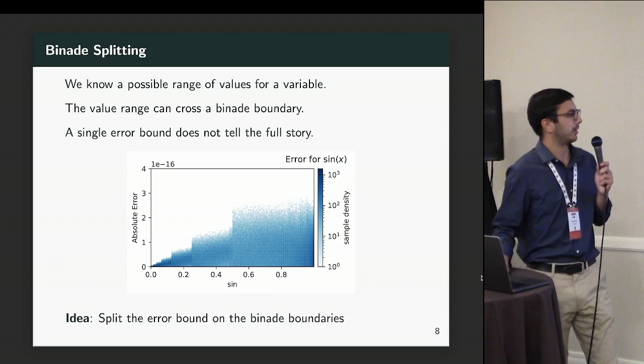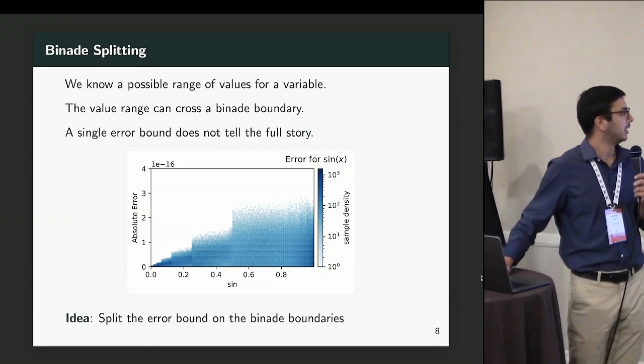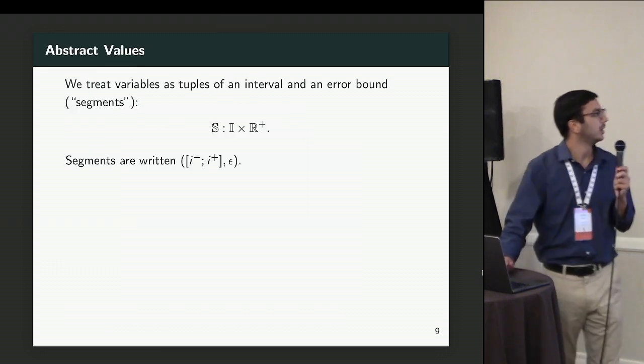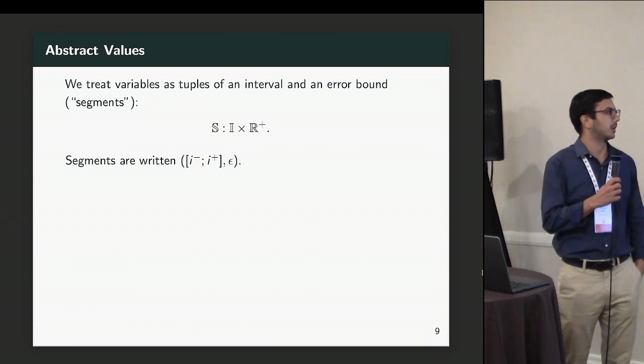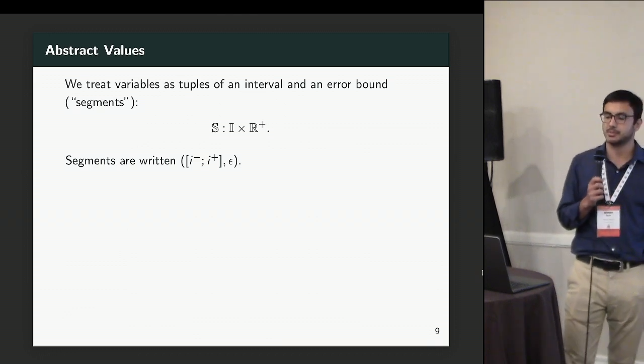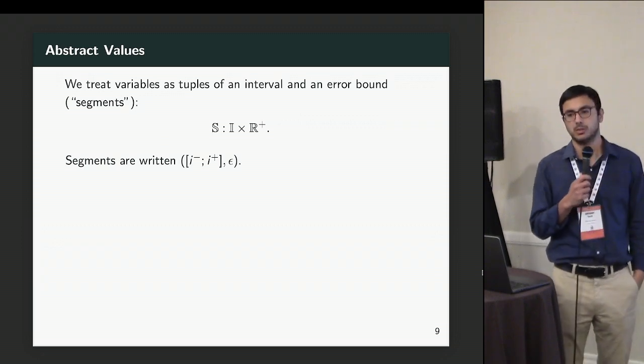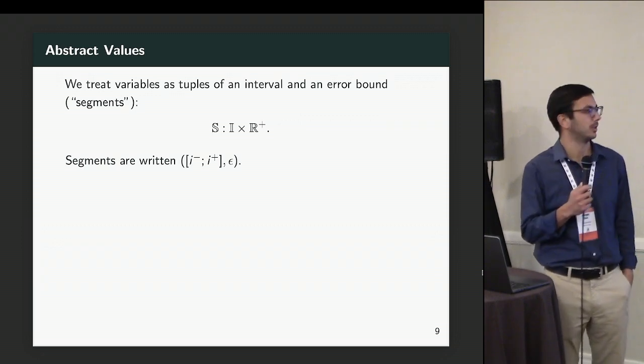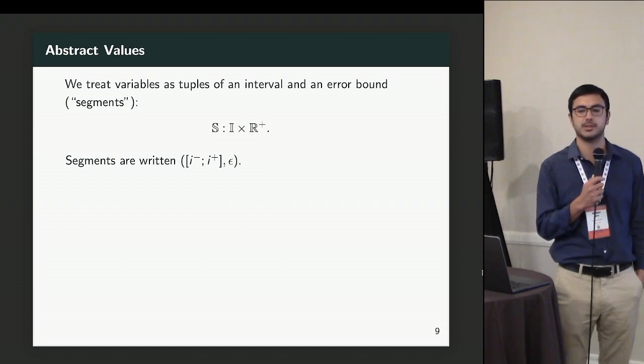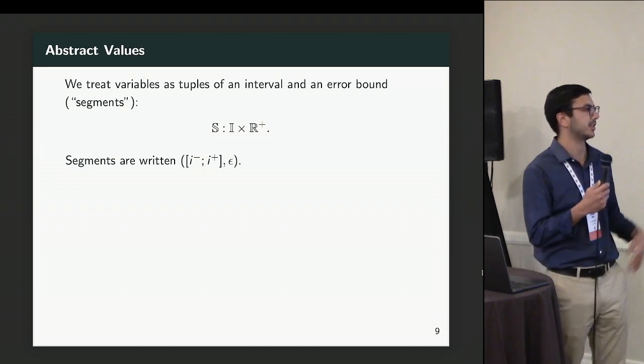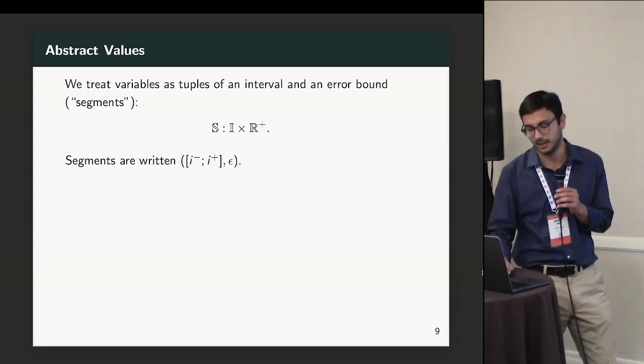I'll talk a little bit about our abstraction scheme now. So our abstract values are called segments, and we represent them as a tuple containing an interval, which is the range of values that are possible for the variable, as well as a positive real number for the error bound.